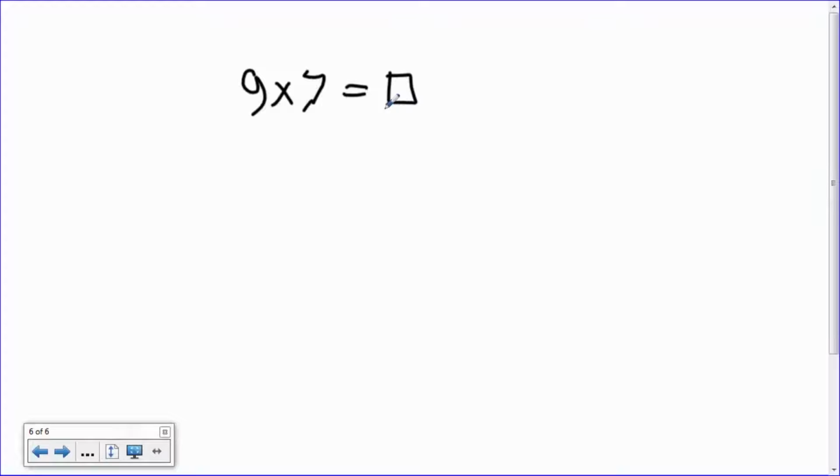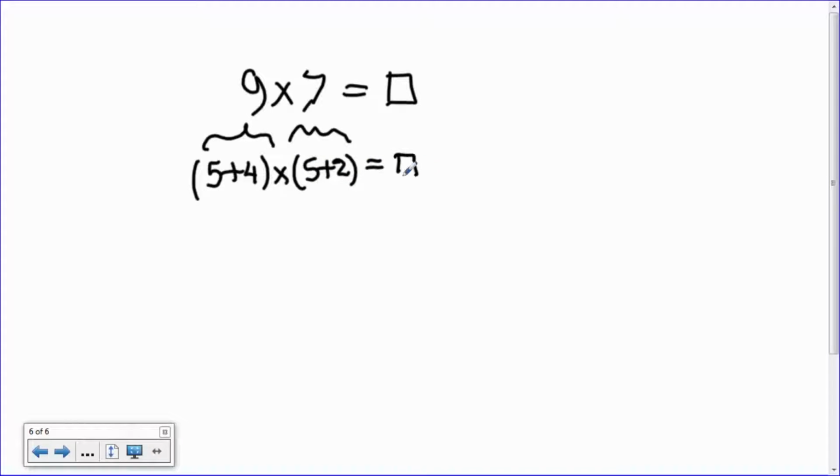I'm going to take the 9 and write it as 5 plus 4, and I'm going to take the 7 and write it as 5 plus 2, and so I'm going to work this problem rather than the problem up here because I think it's easier. This is not the only way to do this problem, but let's see.